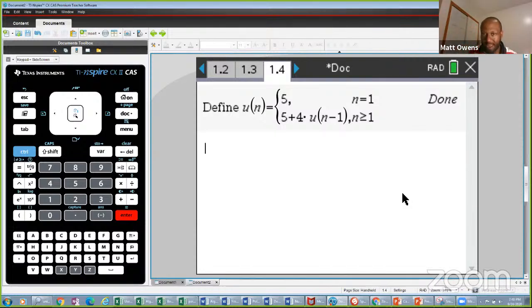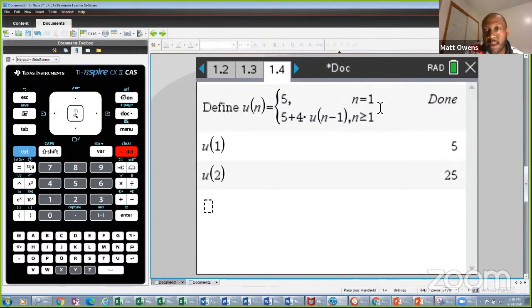The beautiful thing I love about this, Lindsay, is your chart from input output is really about to come out now, not verbatim. If I look at u of 1, I've now declared this recursive function is 5. U of 2 is 25. I really didn't want that. And then u of 3, in this case, hold on one second.